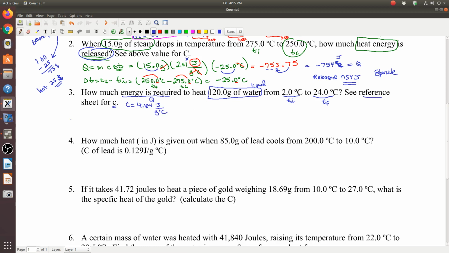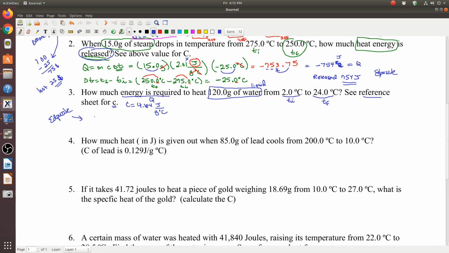I'm going to have you do this one. When you get done, enter your answer on Edpuzzle and make sure you show all your work, because this is part of what you're going to turn in to me later. Now we're going to go on to number 4. Let me tell you just one thing. I will give you the answer for this one just so you know.